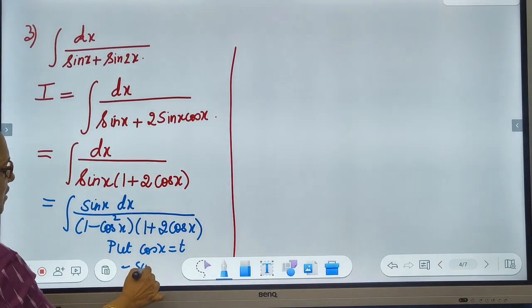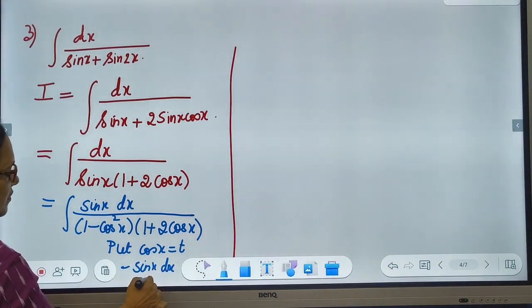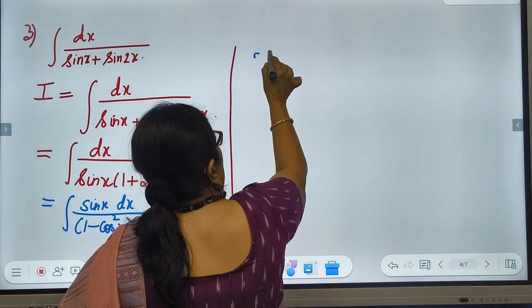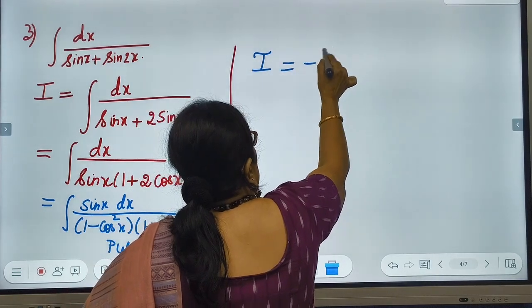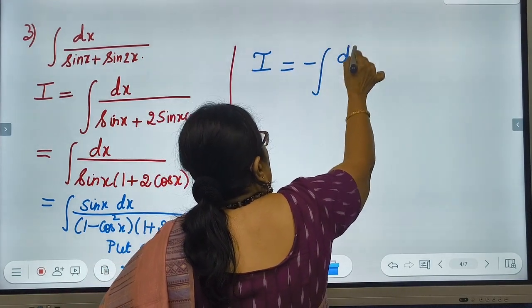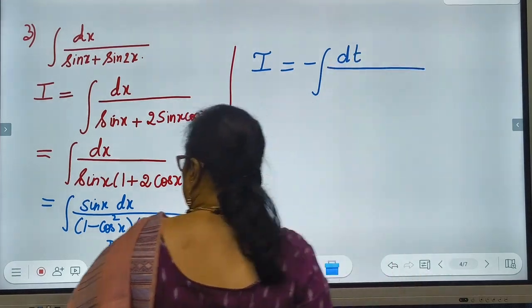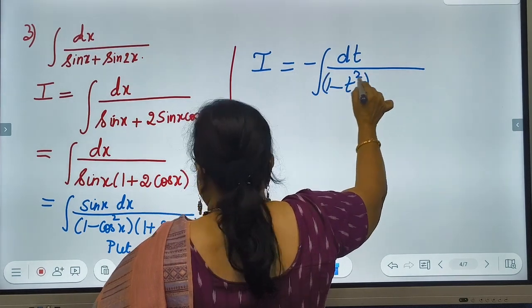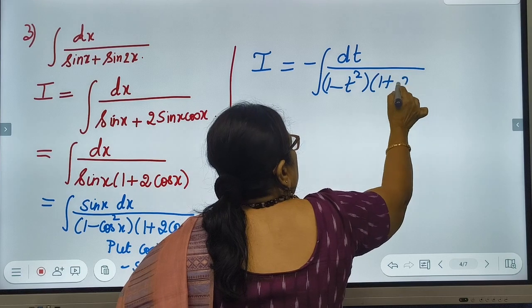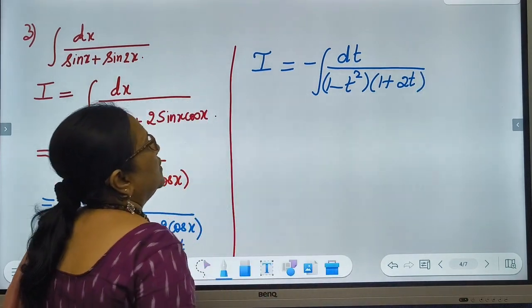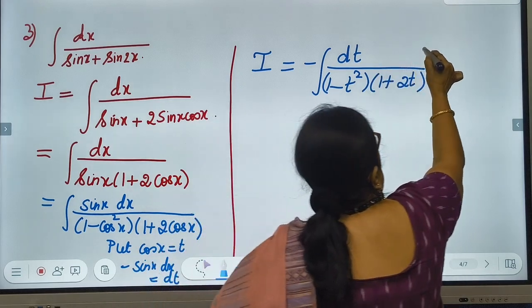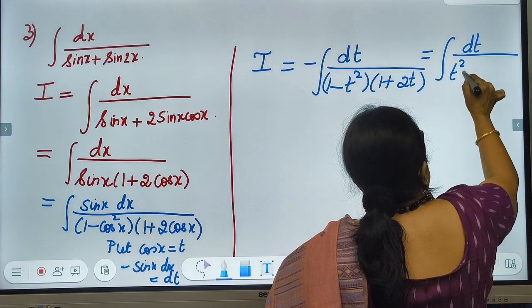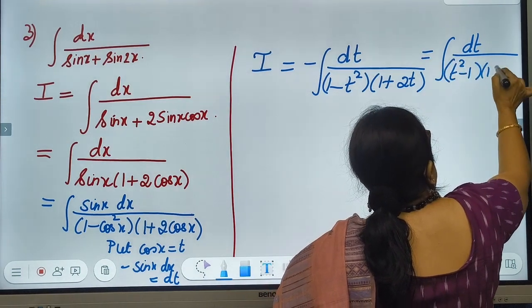Then minus sin x dx becomes dt. So, I will be equal to minus integral of dt by (1 minus t square) into (1 plus 2t). I can bring this minus sign inside and rewrite this as dt by (t square minus 1) into (1 plus 2t).